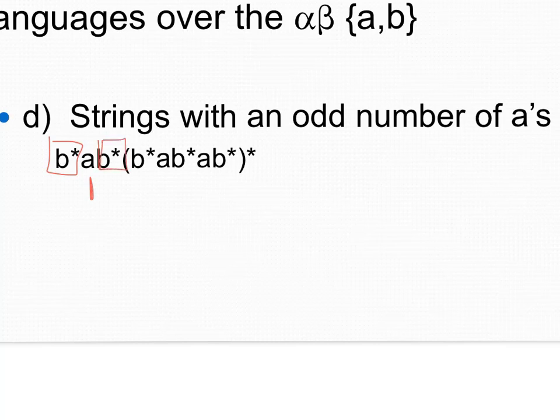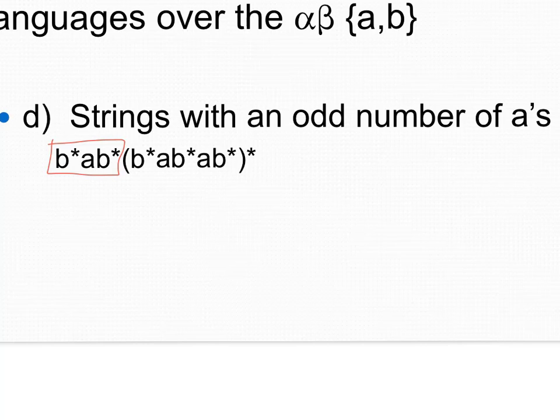So if I just look at this first piece here, I've got all strings that have 1 A in them, right? And they could have 0 or more B's, and the B's can be in front and the B's can be behind. So I start out with a single A.